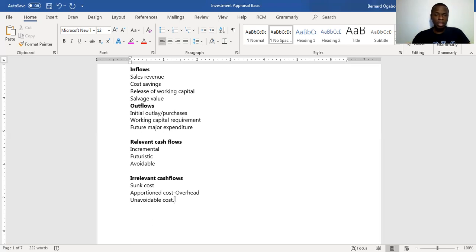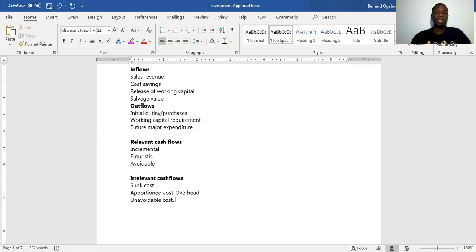So I have just given a synopsis of which methods we have, which ones use non-discounted cash flow, which one uses discounted cash flow. The discounted cash flow technique takes into account the time value of money and says $1 today is bigger than $1 tomorrow. So if I'm going to receive $1 tomorrow, what is the value as at today? So all these are just to prepare our mind.